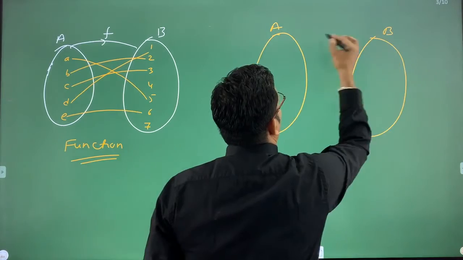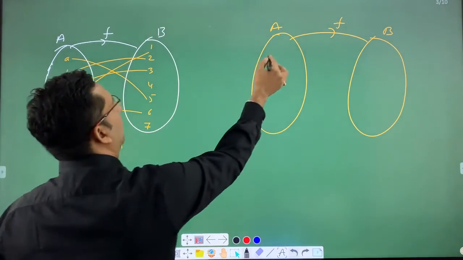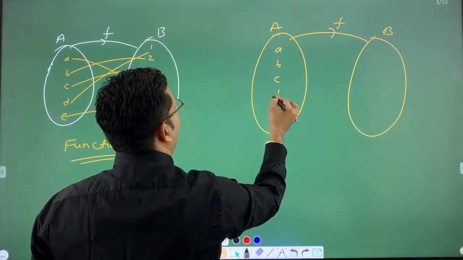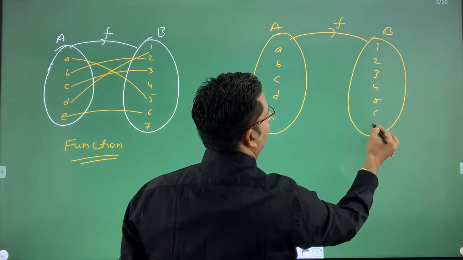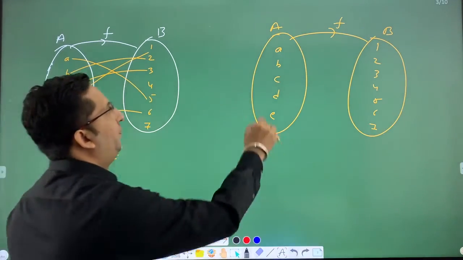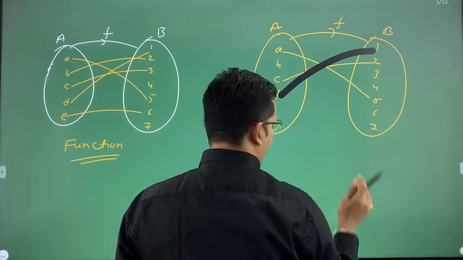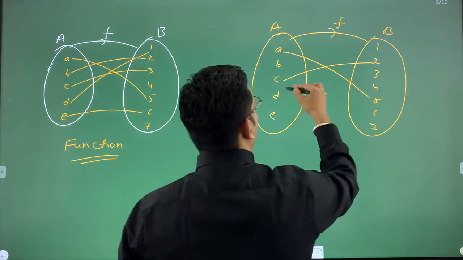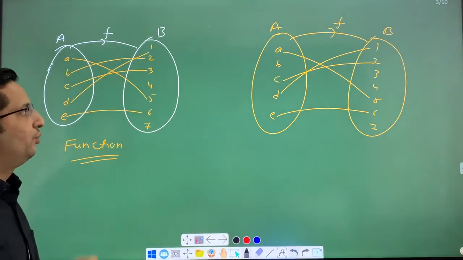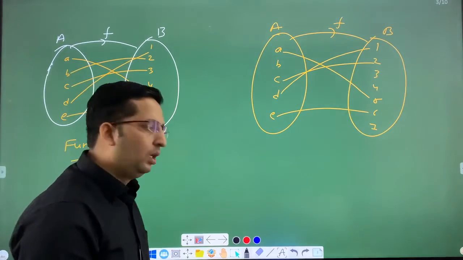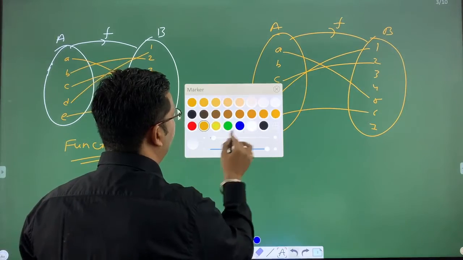Again, these are sets A and B and the mapping is defined from A to B. A, B, C, D, E, 1, 2, 3, 4, 5, 6, 7. If the mapping looks like this, is this a function?